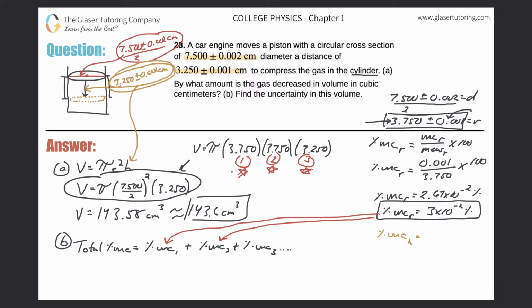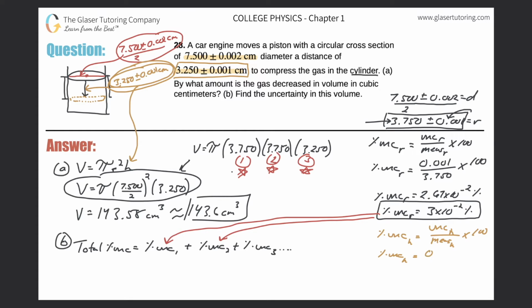And remember, that should be equal to the uncertainty of the height measurement divided by the measurement of the height itself multiplied by 100. So the percent uncertainty associated with the height should be equal to the uncertainty of the height, which they told us, right? If we go back to the problem, here it is. This is the measured value of the height with its associated uncertainty.